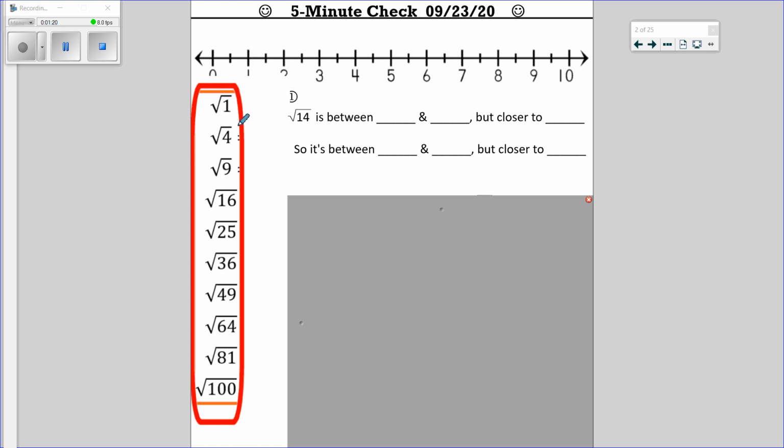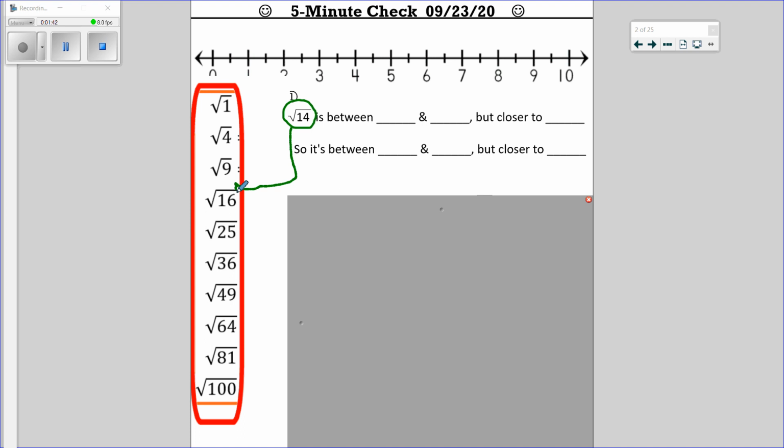So in other words, you can pretend for a moment that the little square root symbol is not here. So you're just trying to figure out which two numbers 14 is between. So hopefully right now you're saying that 14 falls between 9 and 16.